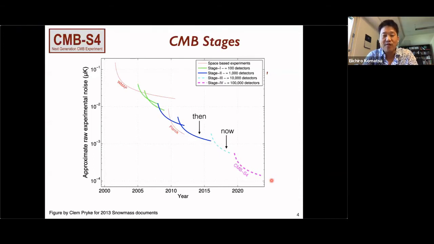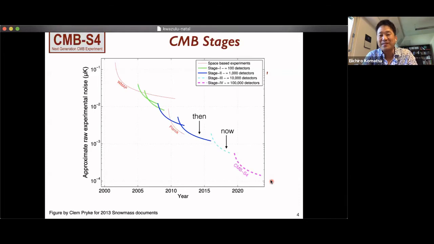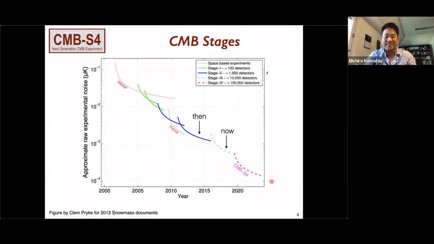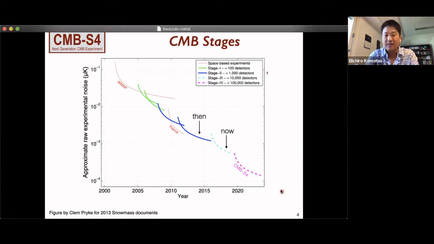But if it weren't for cosmic microwave background experiments, you would never need such a number of sensors. Nobody wants to build so many sensors because you don't have any usage for those. But once people are convinced that the cosmic microwave background is a very, very useful tool to learn about cosmology, technology really advanced exponentially. And now we have this kind of nice looking noise property.